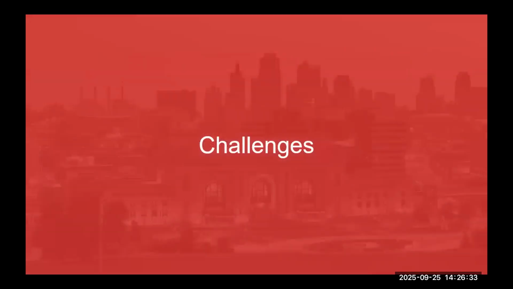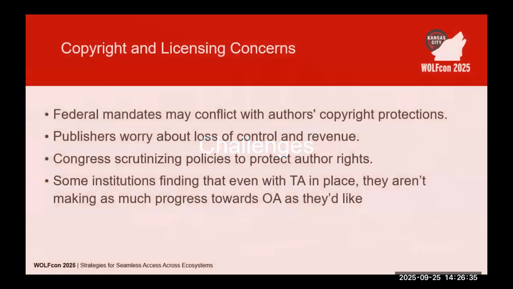So a little bit about some of the challenges that are involved in this new transitional world. As federal mandates do push for more immediate open access, there are copyright and licensing complexities that are emerging. Authors often sign over their rights to publishers, which can conflict with open access requirements, of course. Publishers, understandably, worry about losing control and revenue.